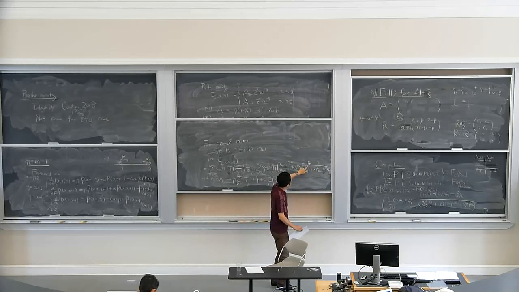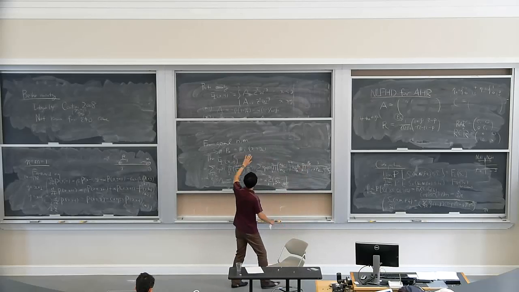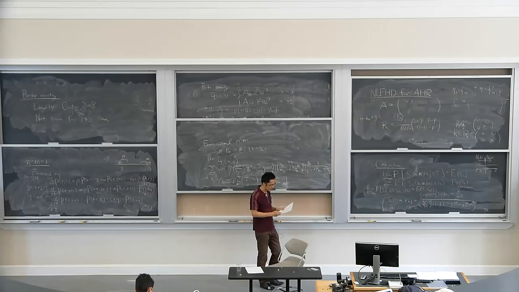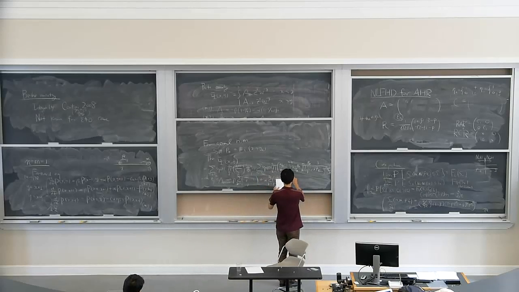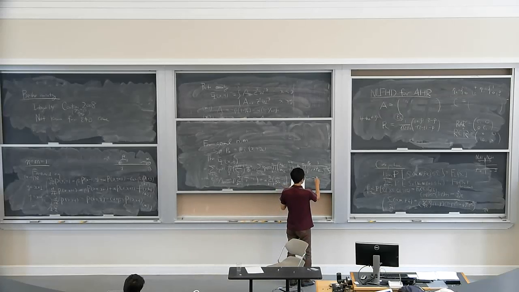But still, for general n and m, we have to use this notation. For a general configuration of particles, we have to use this slightly complicated object. But there are simpler cases. The first case is this.